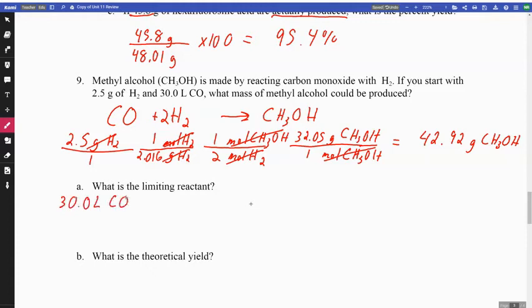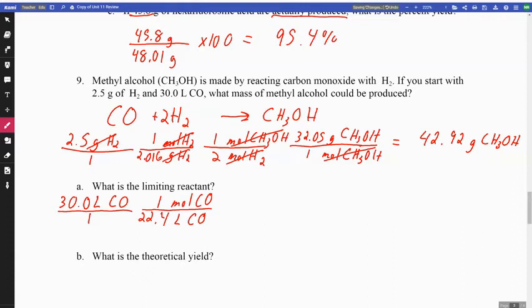All right, so we do our conversion factor. We need liters of CO on bottom, moles of CO on top. 1 goes next to moles, 22.4.